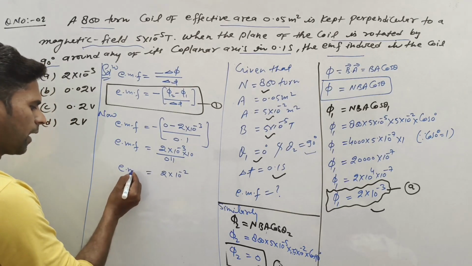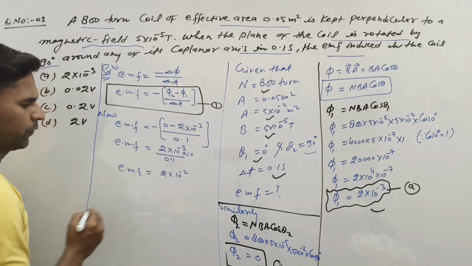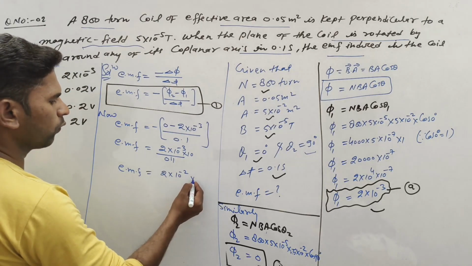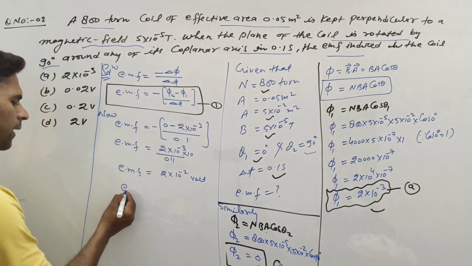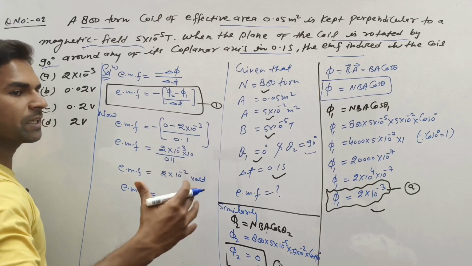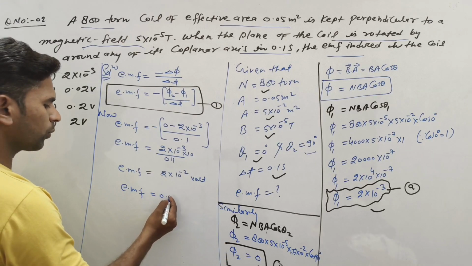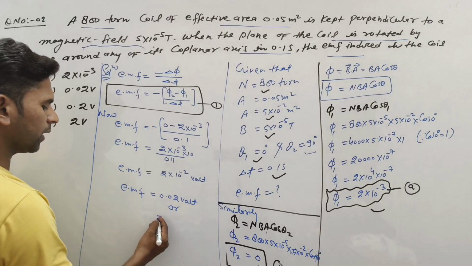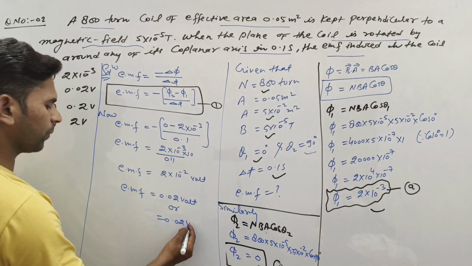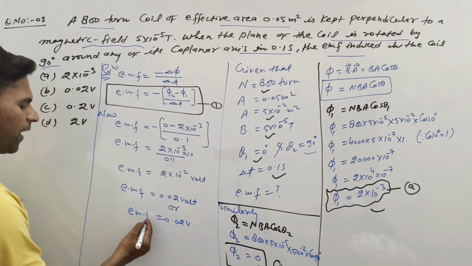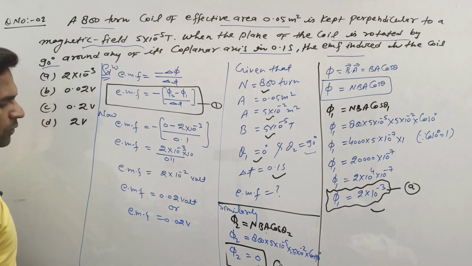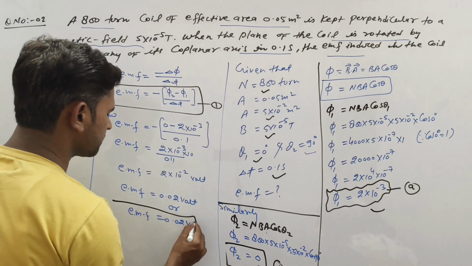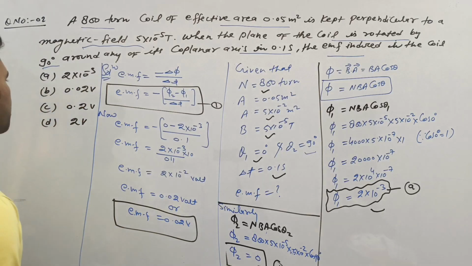So the induced EMF is 2 into 10 power minus 2 volt. You can also write induced EMF is equal to 0.02 volt, or 0.02 capital V also. So this is the final answer to this question. Now you can see which option is correct.